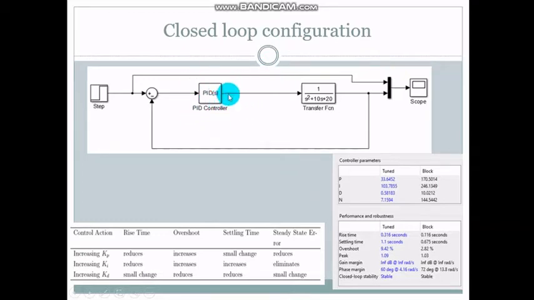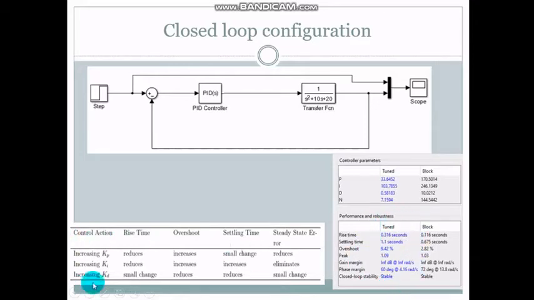The PID controller consists of the proportional, the integrator, the differentiator, and N is for the attenuator. Here we tune the PID controller to these values. Then we manage to get the rise time, the settling time, and the other characteristics like this.